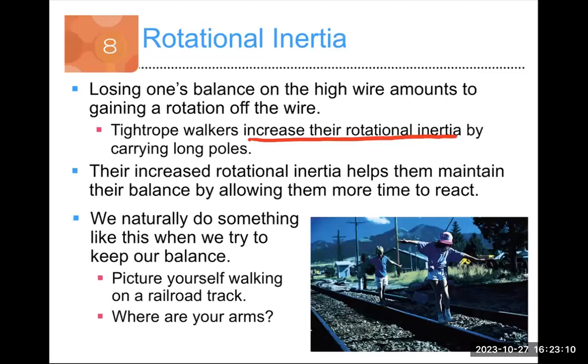If you've ever walked on railroad tracks, if you had your arms tight against your sides, you couldn't walk on it. So what do we do? We take our arms, like in this picture, and we spread them out, and therefore we can balance on the railroad tracks and walk.